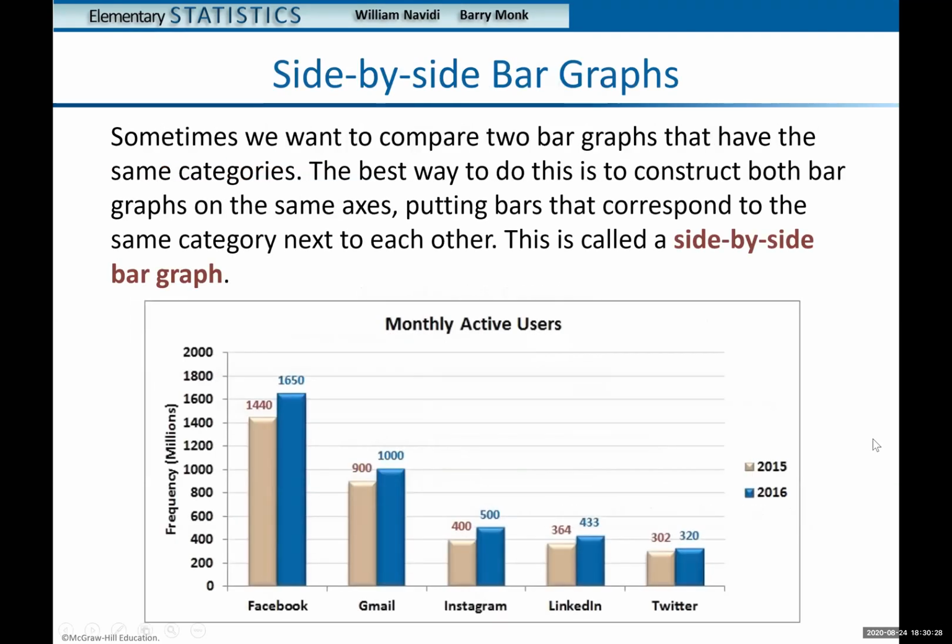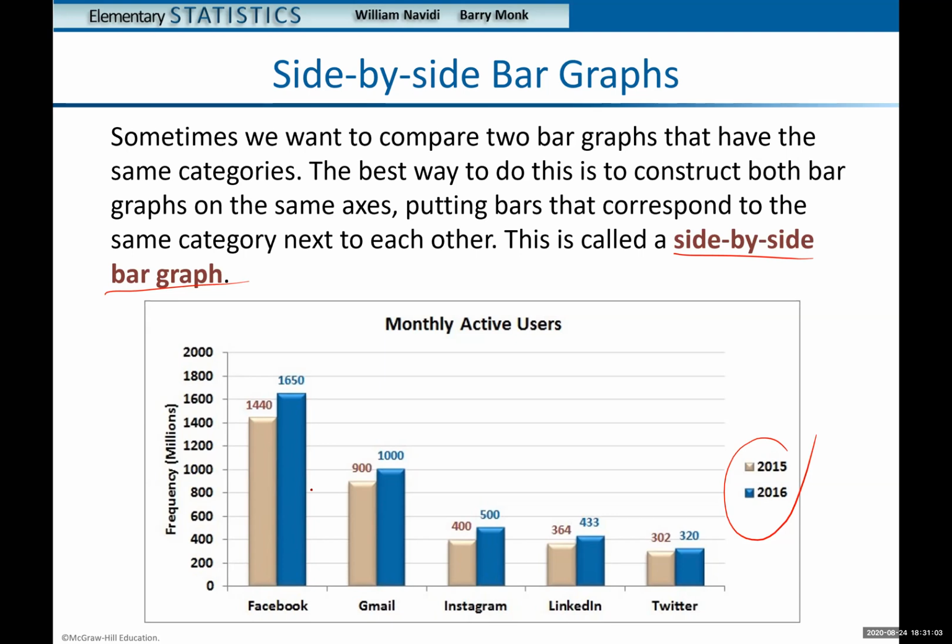Also, there's another type of bar graph. This is what you call the side-by-side bar graph. And this is an example. Let's say monthly active users, if you are comparing data between 2 years, 2015 and 2016. If you want to combine those in one bar graph to show the difference between the 2 years, you use two different colors, 2015 and the blue one, 2016.